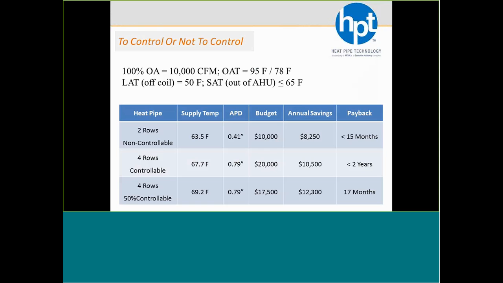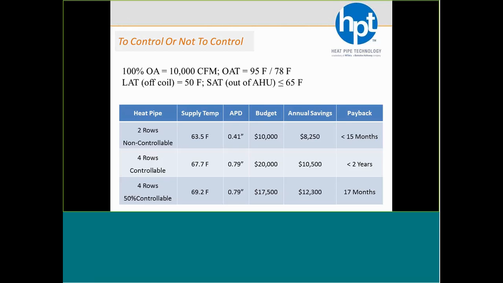So I would recommend anytime you're considering using a wraparound heat pipe, and the focus, which it should be, is to save as much energy as possible while also keeping the budget down, ask yourself: have I sized it for part load, and do I need valves on every circuit?